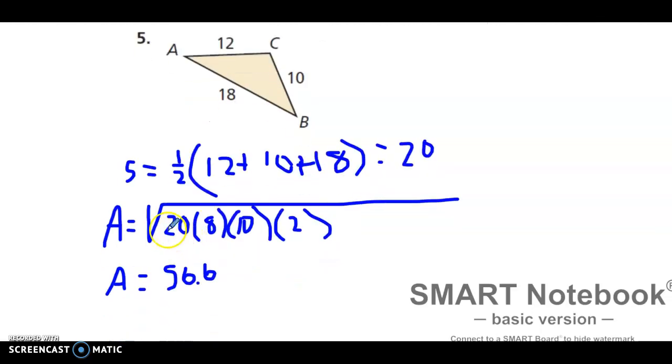Then we use the formula: square root of S, which was 20, times 8 times 10 times 2. So that's 20 minus 12 is 8, 20 minus 10 is 10, and 20 minus 18 is 2. Use a calculator, and you find out that the area of this triangle is 56.6 units. And we are now done with the notes.